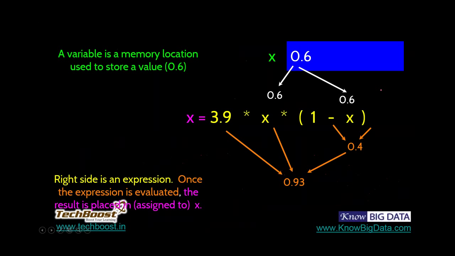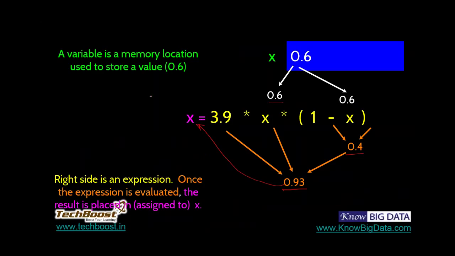Now let's proceed with a little more detail. This is what we discussed in the last one. So x here has been given a value of 0.6, and 1 minus 0.6 is 0.4, and x is 0.6. So 0.6 into 3.9 into 0.4 is 0.93, which will then be assigned to x.